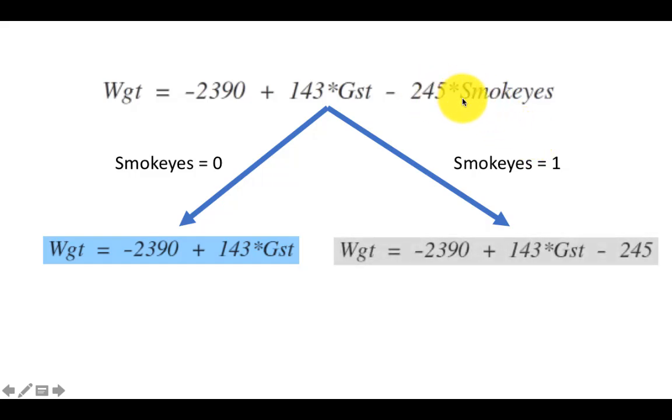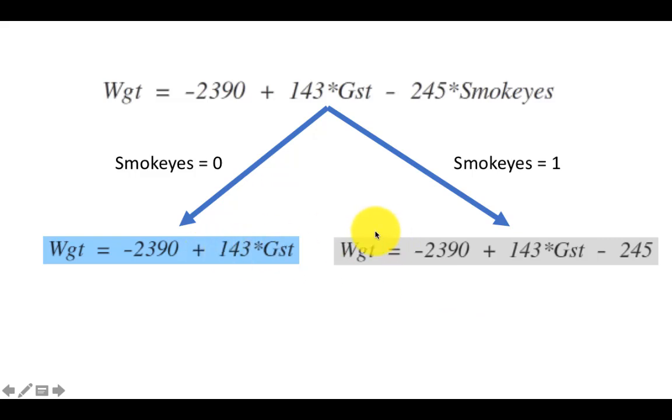If smoke yes is 0, then the regression equation is simply minus 2390 plus 143 times gest. If smoke yes is 1, then 245 will come into the equation. So weight is minus 2390 plus 143 times gest minus 245. So depending on the value of smoke yes, the regression equation takes on this form or this form.